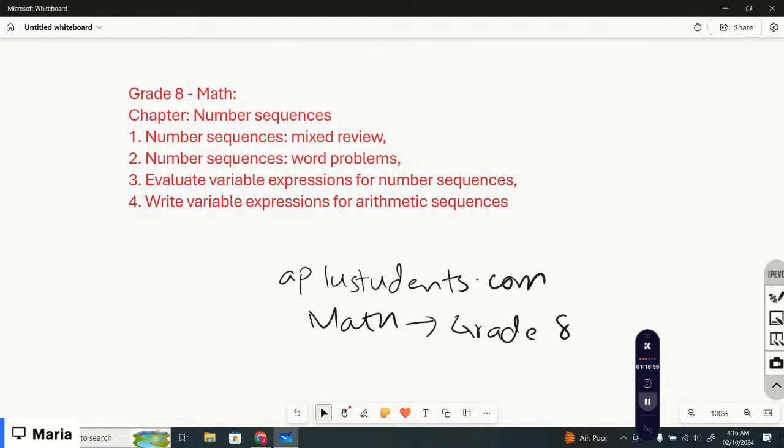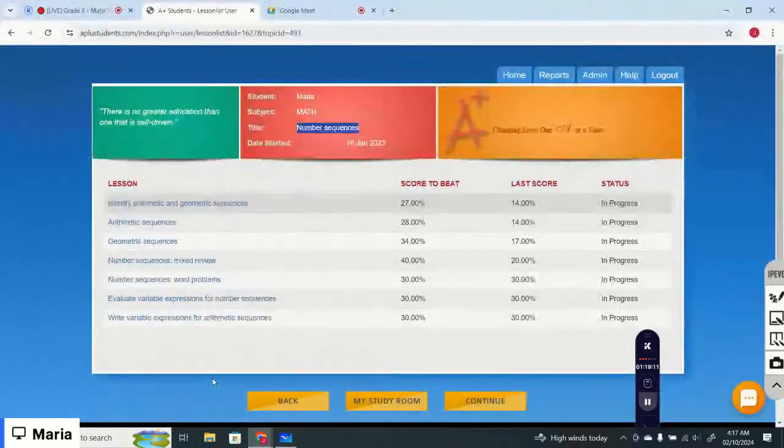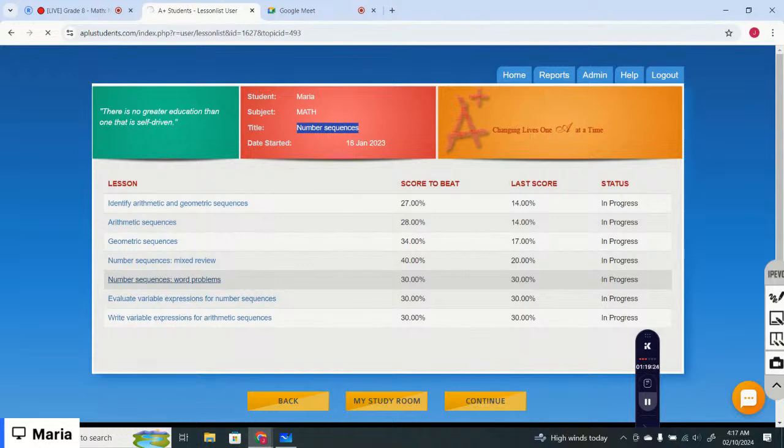So please make sure before the next session you can complete all the practice questions. Please make sure you have your notebook and pencil so that you can note down the important examples and definitions as well. So here I am on the chapter number sequences. Let's just start with the lesson, that is number sequences word problems.